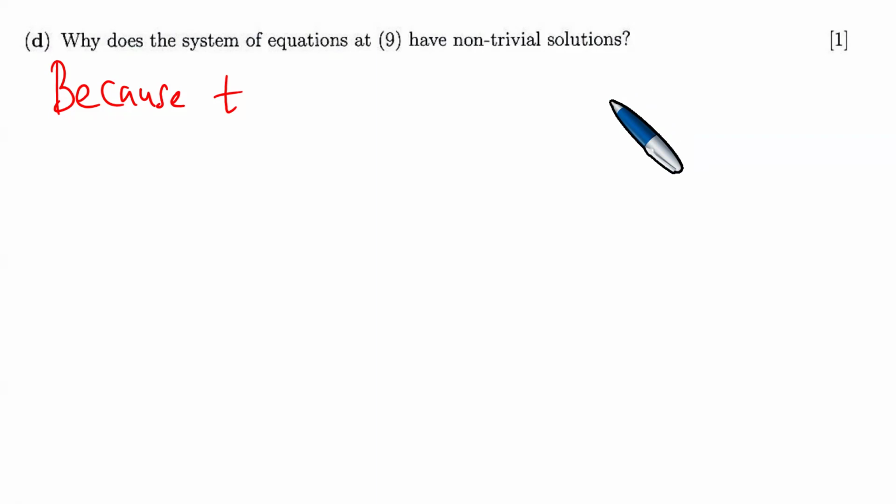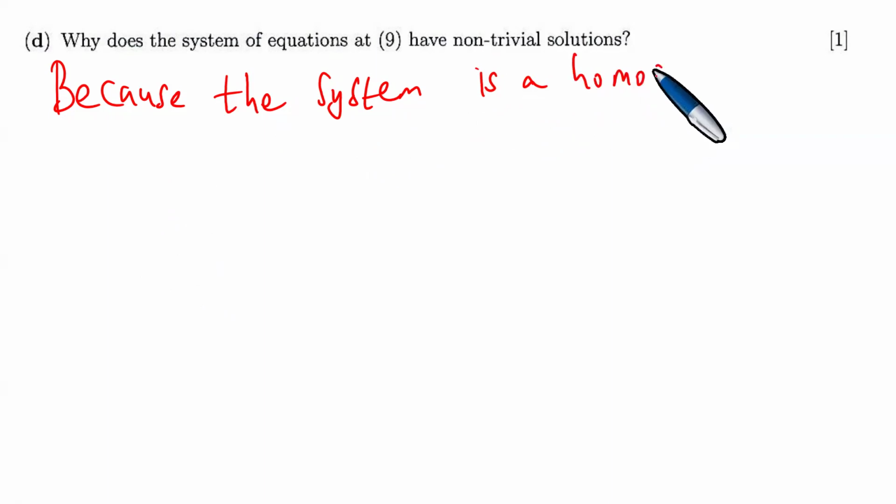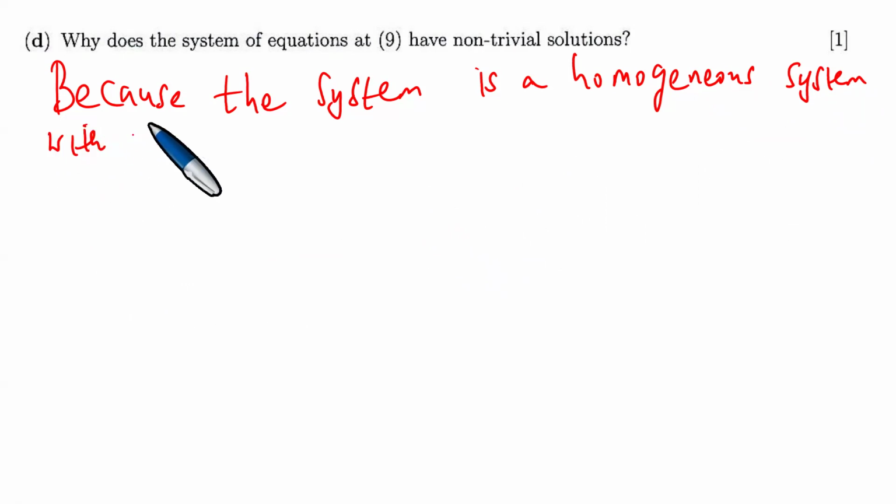So because we equate it to 0, we have a homogeneous system. Meaning it's equal to 0. Right, it's a homogeneous system with n variables.